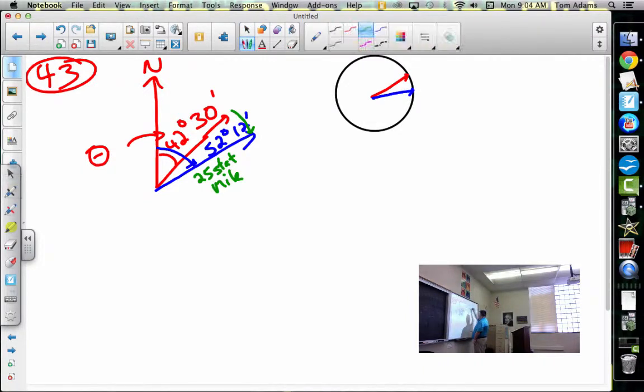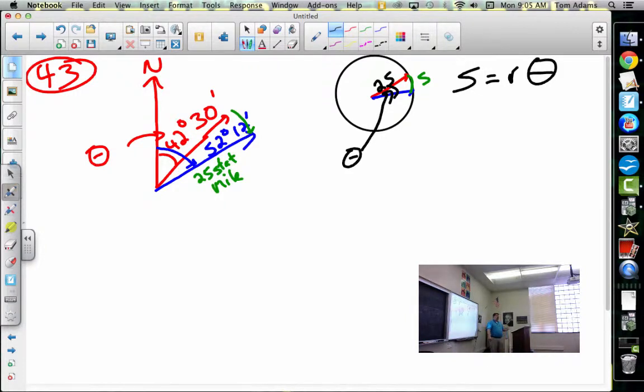And they want us to find this length here, S. Well, in order to find S, we know that the radius of the circle is 25 miles, but we don't know what theta is, right? So we have to remember that the arc length is equal to the radius times the angle theta between the two rays. Okay, does that make sense?